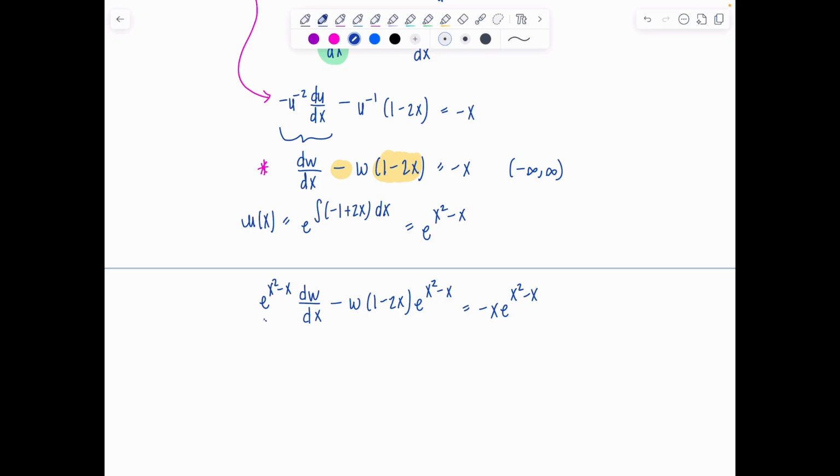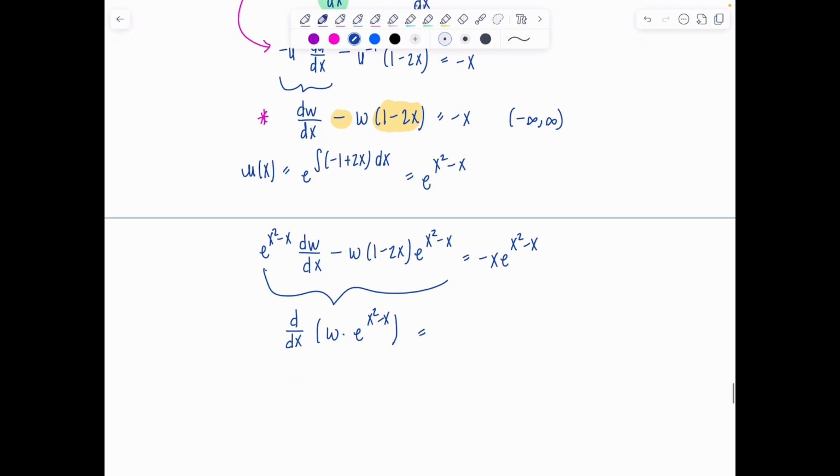Whew! All right, this is going to be derivative with respect to x, or it ought to be, of w times integrating factor e to the x squared minus x. No dx yet. I got too excited. Please forgive me. Equals negative x e to the x squared minus x. So check. Yes, it's good.